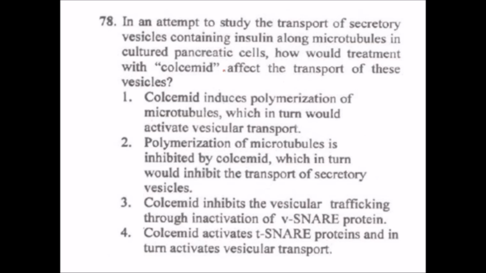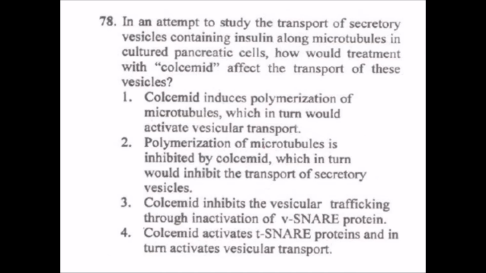Question number 78. In an attempt to study the transport of secretory vesicles containing insulin along microtubules in cultured pancreatic cells, how would treatment with colchicine affect the transport of these vesicles? Actually, colchicine has two functions.